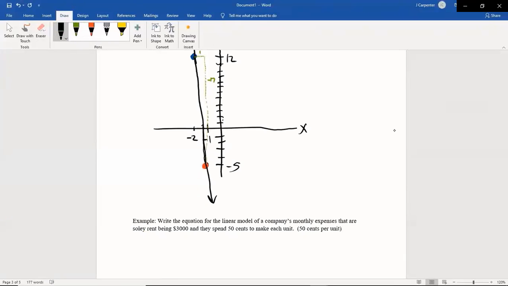So we have a rent of $3,000. Now that month's rent is not changing until maybe another year or two from now, in which case the model would change. As I've said, models can change eventually. And then it's 50 cents to make each unit. So if they didn't have rent, if they were just doing this in an open field for free, then they would spend 50 cents to make one item. They'd spend $1 to make two items.